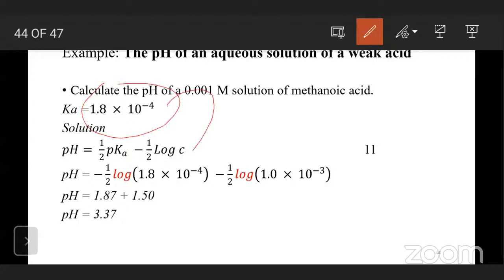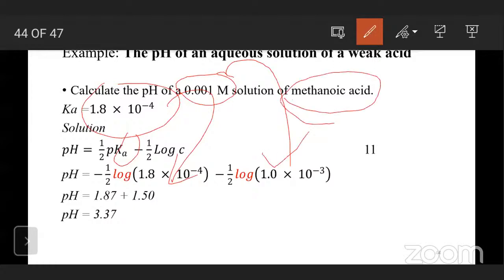But if you don't want to do it like that, you can just put the value for your Ka into the expression. You can put the value for the concentration of your weak acid into this expression. Remember that we have said, how will you be able to know if something is a weak acid? Methanoic acid is an organic acid. And in the previous class, I already said that organic acids are weak acids.